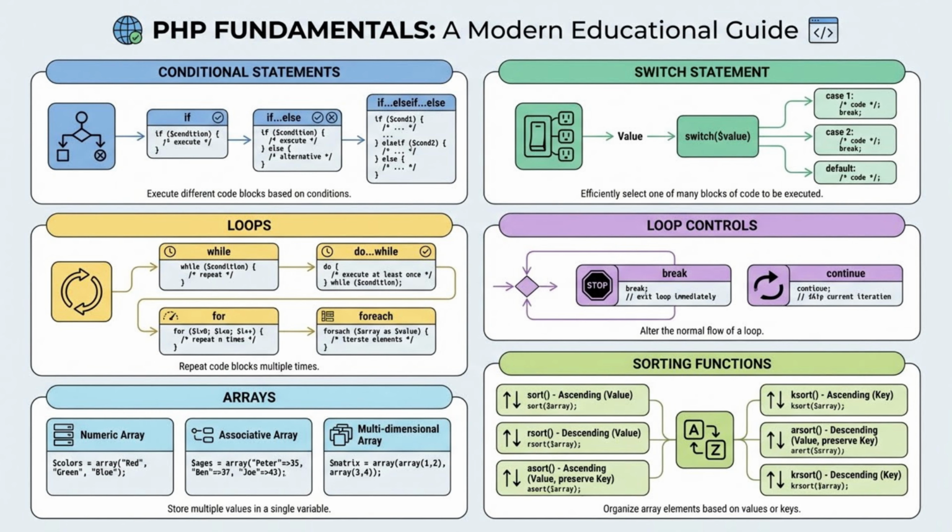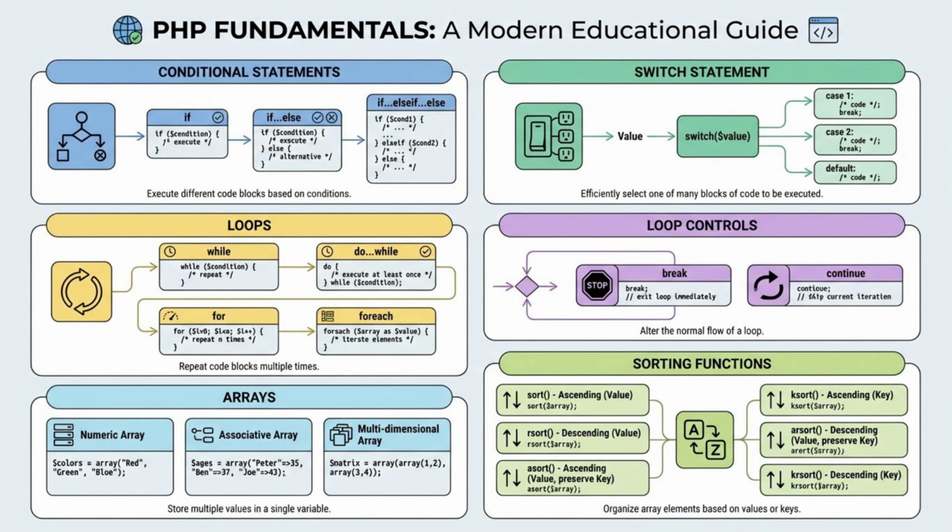It includes initialization, condition checking, and increment or decrement steps. The foreach loop is designed for arrays. It iterates automatically through each element, giving you direct access to values without manual indexing. These looping structures make operations like processing lists, generating patterns, and manipulating data much more efficient.